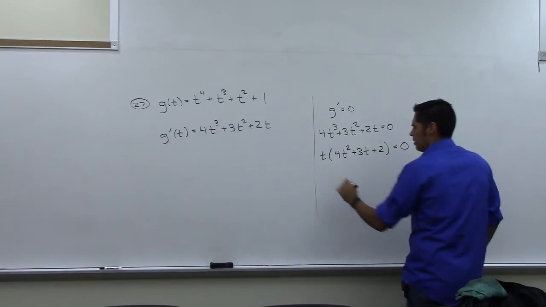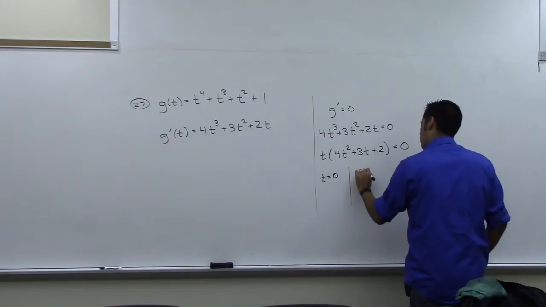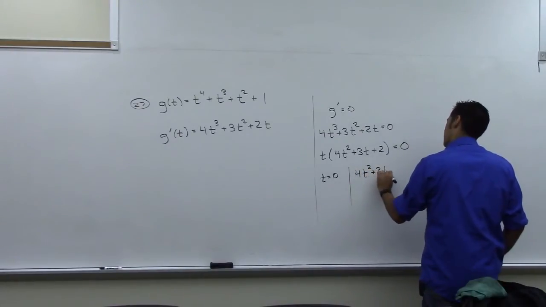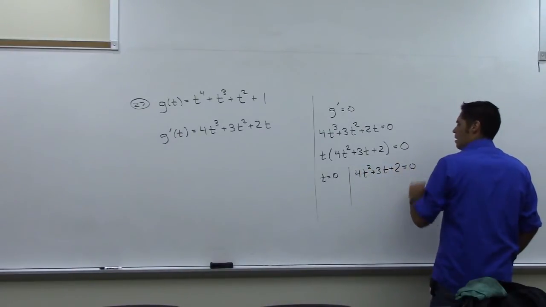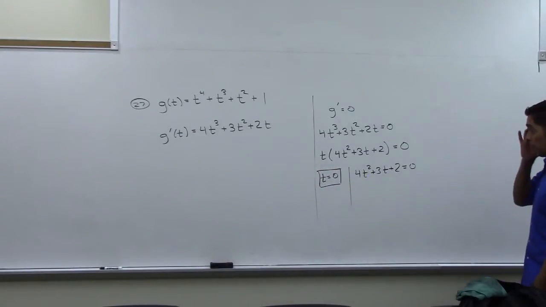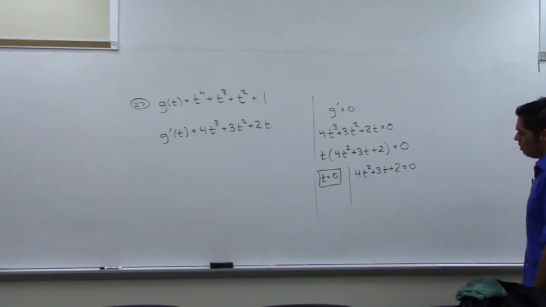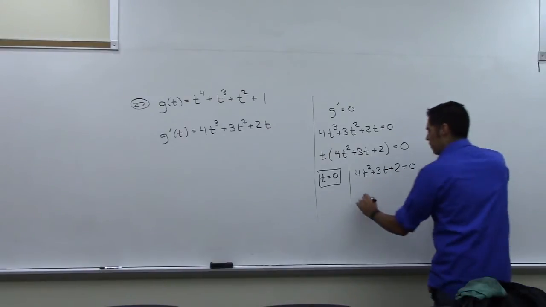I do not believe that's going to factor, so what I'll do is split this up into two separate problems. All right, t equals 0 is one answer. That's one critical number. Any other critical numbers I get are going to be the solutions to this quadratic. So I'll use the quadratic formula here.